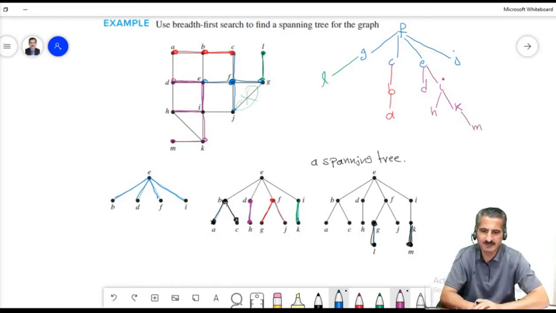Okay, this is another spanning tree using breadth first.